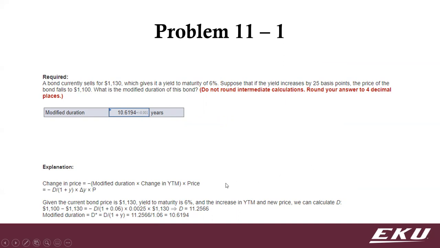It's the modified duration times the change in the yield to maturity times the price that is equal to the change in price. We have our change in price, the yield change, and our initial price, and so we can calculate what the modified duration is.